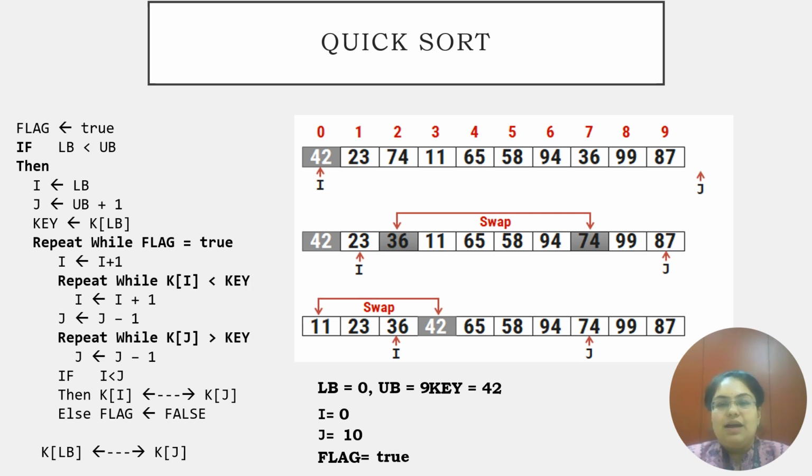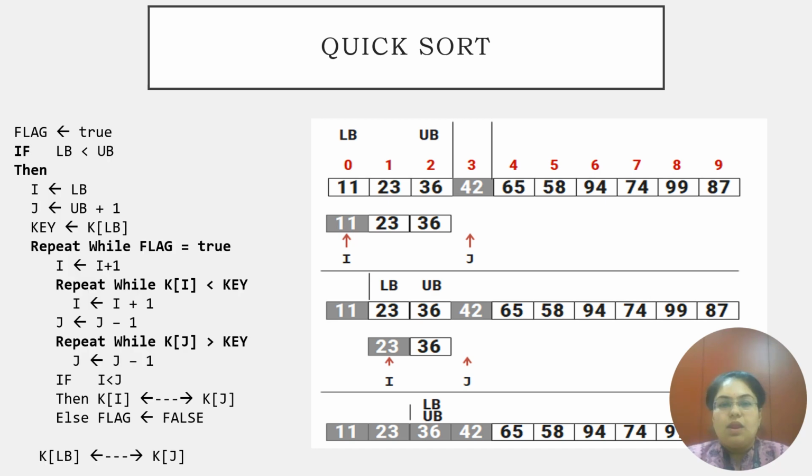So we can see that the value at i equal to 3 is what? 42. In the next step, because 11 is less than 42, we have swapped those two values.